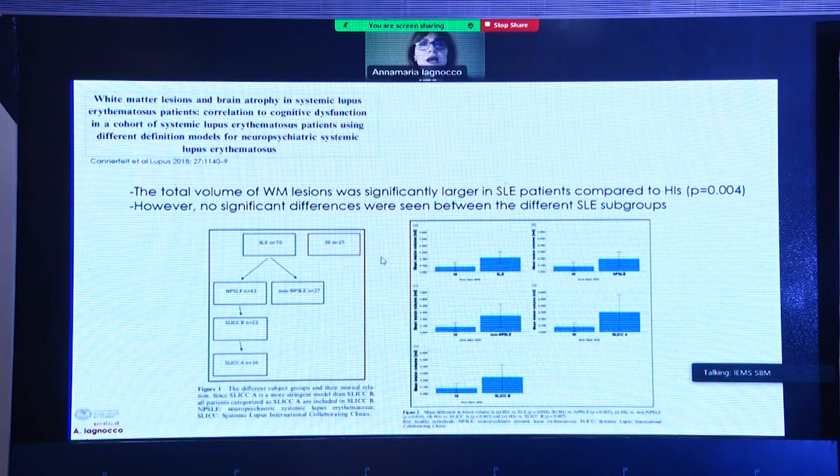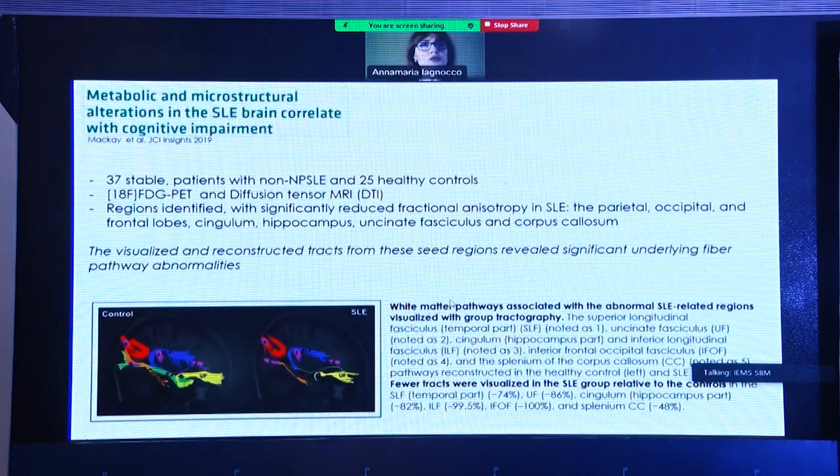And this is a study that was evaluating white matter lesions in patients with lupus compared to healthy individuals, and although the presence of this manifestation was significantly larger in lupus patients, there was no significant difference that could be detected between different lupus subgroups with or without a neuropsychiatric manifestation.